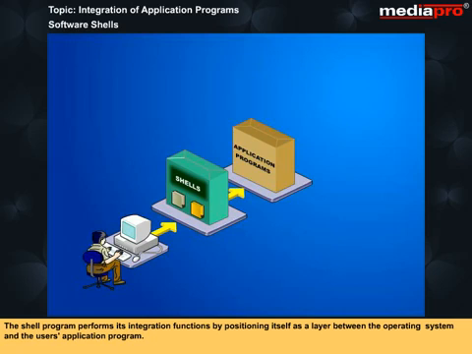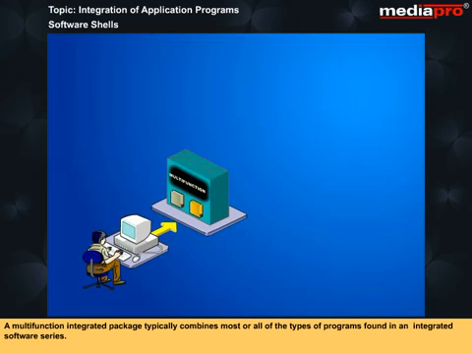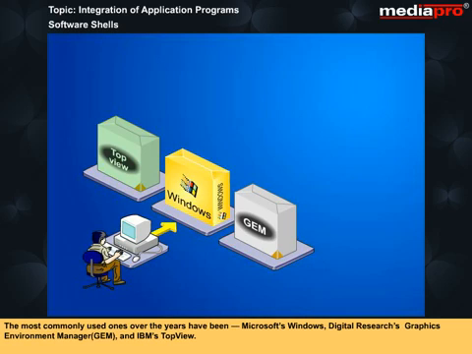application program. A multifunction integrated package typically combines most or all of the types of programs found in an integrated software series. The most commonly used ones over the years have been Microsoft's Windows, Digital Research's Graphics Environment Manager or GEM, and IBM's TopView.